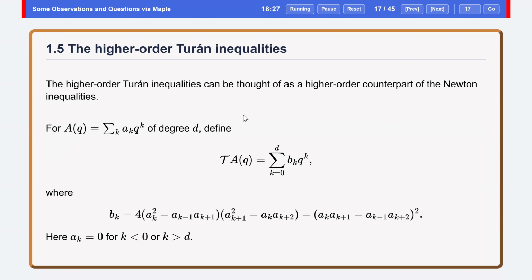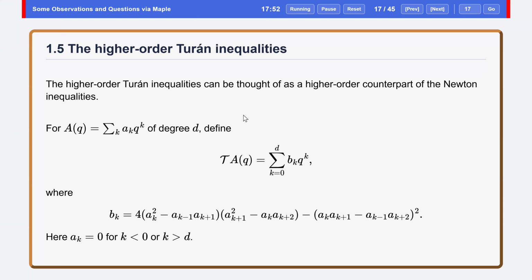And besides the log-concave sequence p_k, we can consider the higher order Turán inequalities. These inequalities can be thought of as a higher order counterpart of the Newton inequalities. Now we consider the Turán transformation of the coefficients for a polynomial A(q).